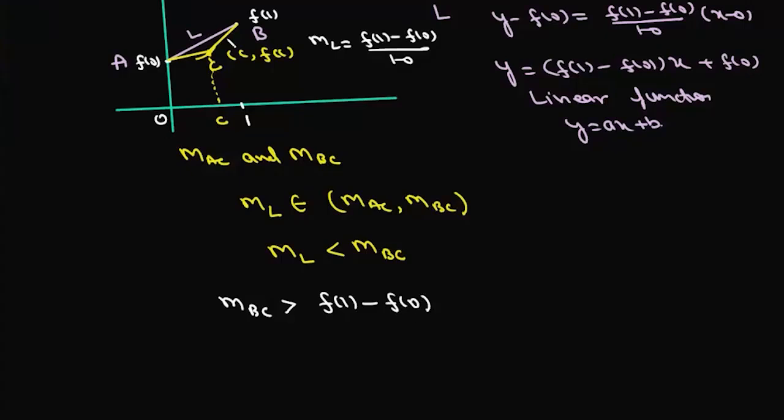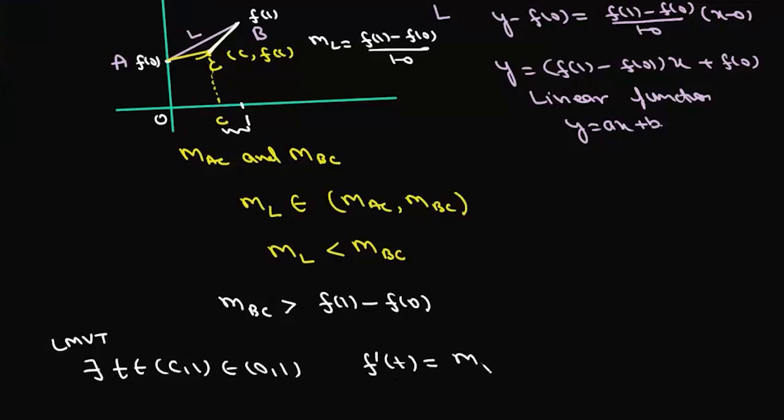So we can write that the slope of BC will be greater than the slope of this line, which is f1 minus f0. Now slope of BC is the average slope between B and C. So using Lagrange's mean value theorem, in this interval between C and 1, there exists a t in the interval C to 1, which again lies between 0 and 1, such that f dash t is equal to slope of BC, and slope of BC is greater than f1 minus f0.